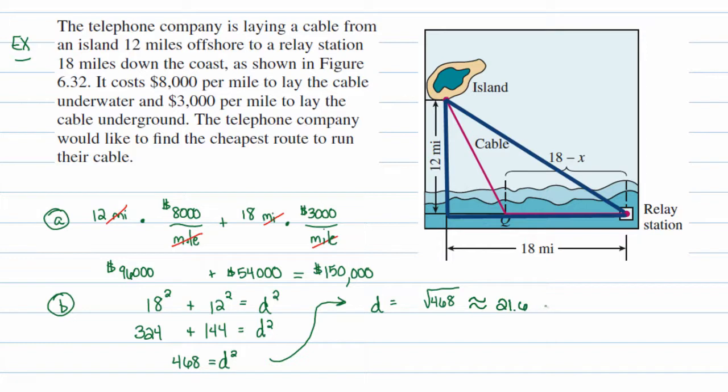It's about 21.6 miles is the distance there. Now, I didn't really mention it, but the fact is we need that distance so that we can determine the cost of running that. So we're going 21.6 miles at $8,000 per mile. So 21.6 times the $8,000 per mile.